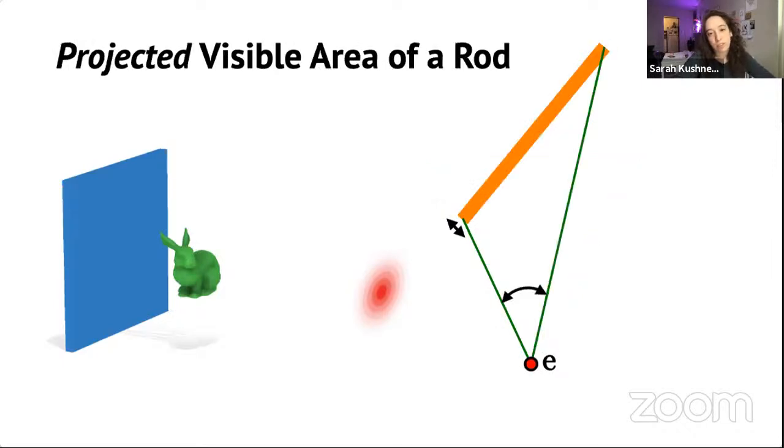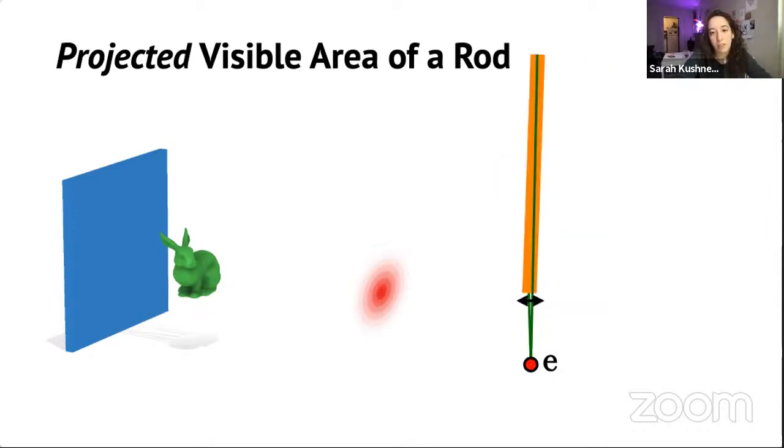Because due to foreshortening effects, we actually see even less of the rod. So what we want to compute is the projected visible area. This is a function of the angle between the vectors that go from the viewpoint to either end of the rod. This fits our intuition because if we look at a rod straight on like this, we can barely see it.